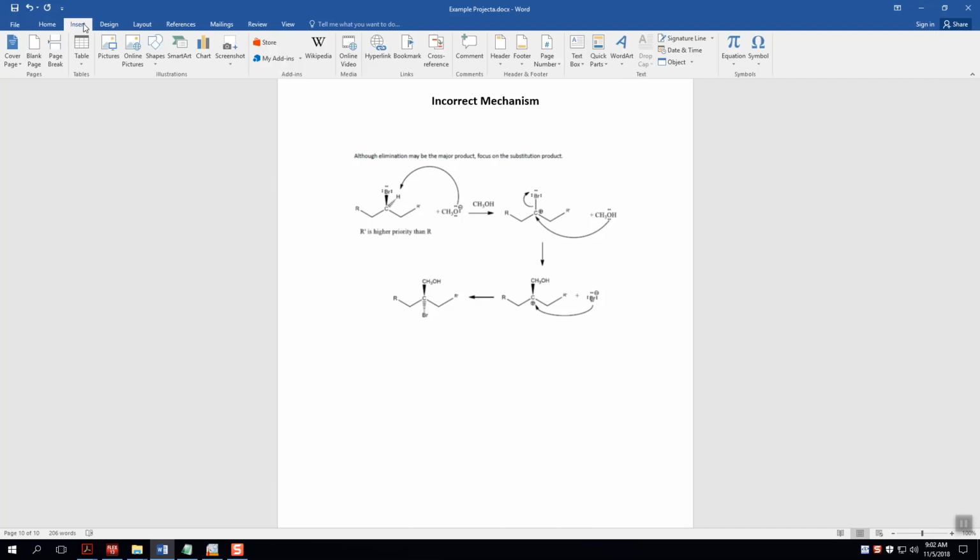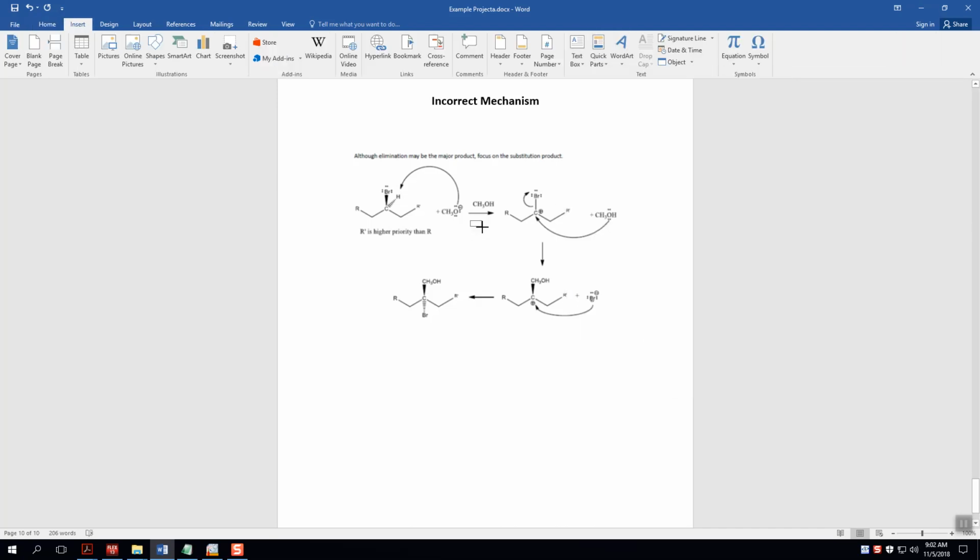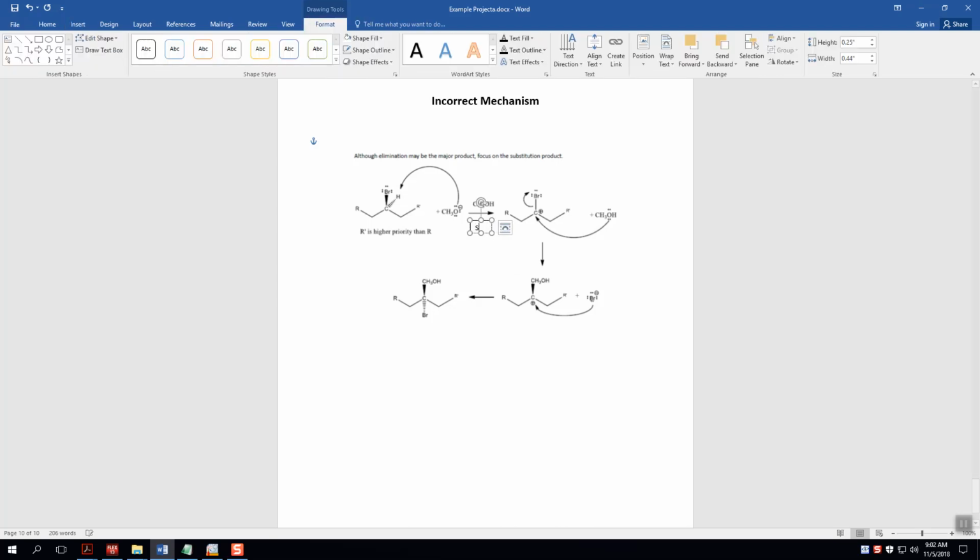But we can still do the same thing we did before. We can insert a text box, we can draw our text box, and we can do step 1. I'm going to make that a little bit bigger, and I want no outline here, so I'm going to put no outline.